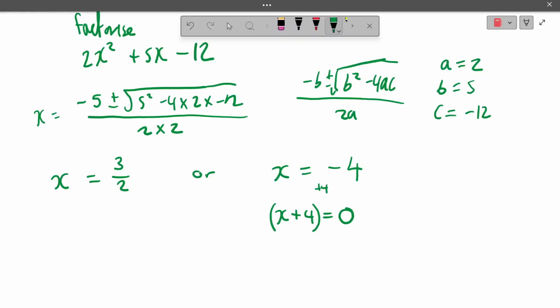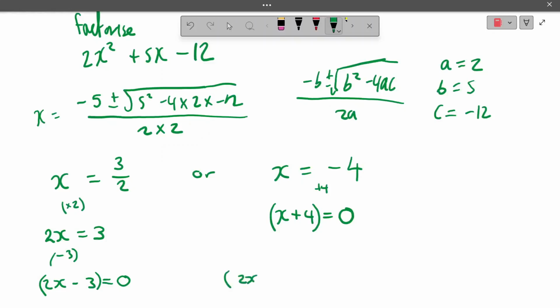Well, here I've got this divided by 2. So first of all, I'm going to times everything by 2. So we get 2x equals 3. And then I'm going to get rid of that 3 by taking it away. So minus 3. So you have 2x minus 3 equals 0. And that's our two factors I put in brackets.